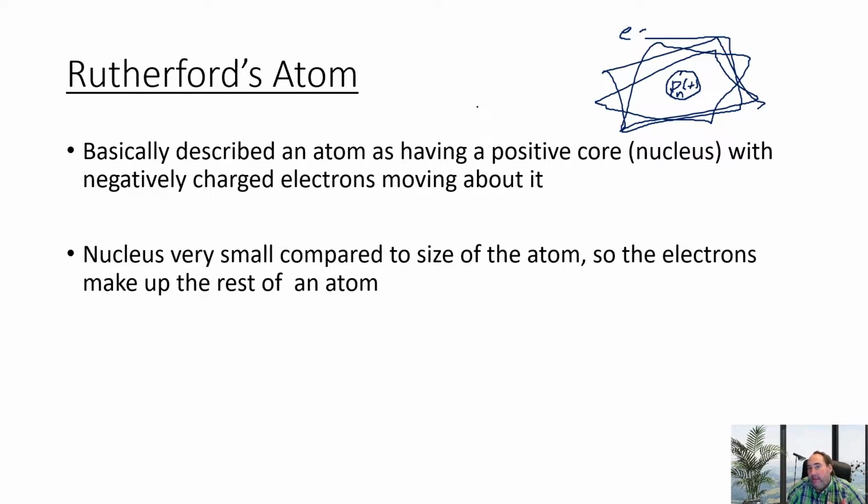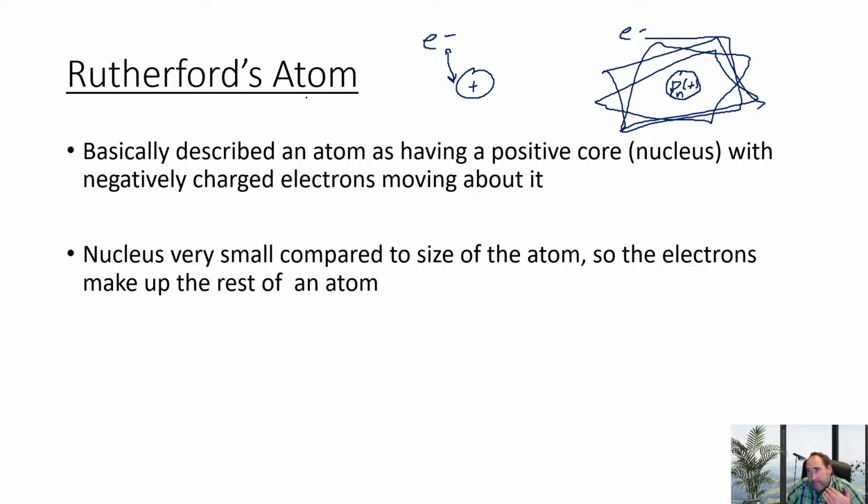One thing that we do know for sure is that the nucleus is very small compared to the size of the atom. Remember that those electrons in that empty space, although they are flying around and negatively charged, have some attraction to the positively charged nucleus. That's what keeps certain electrons near the nucleus in certain energy levels. That's also why electrons further away from the nucleus are not held as tightly.